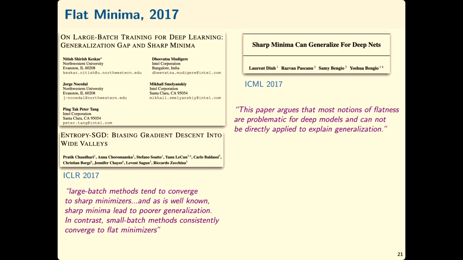But this ICML paper is more interesting because it says that most notions of flatness are actually problematic for explaining generalization, and they prove that if someone hands you a neural network that generalizes well, you can construct one that corresponds to an arbitrarily sharper minimum that has the same generalization performance.